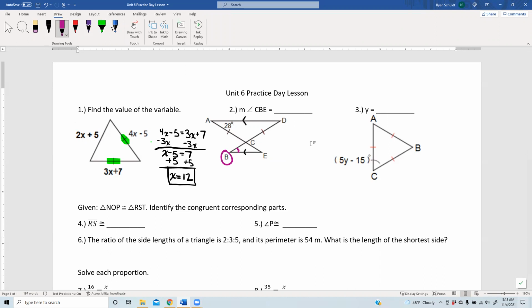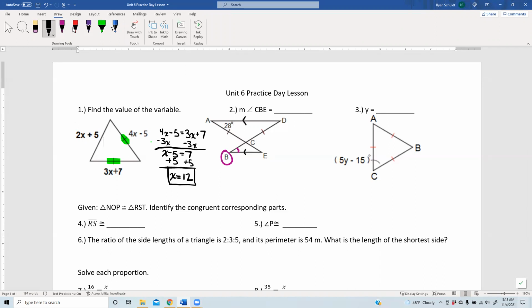Okay, so what can we do? Well, I know that the big one is an isosceles triangle.